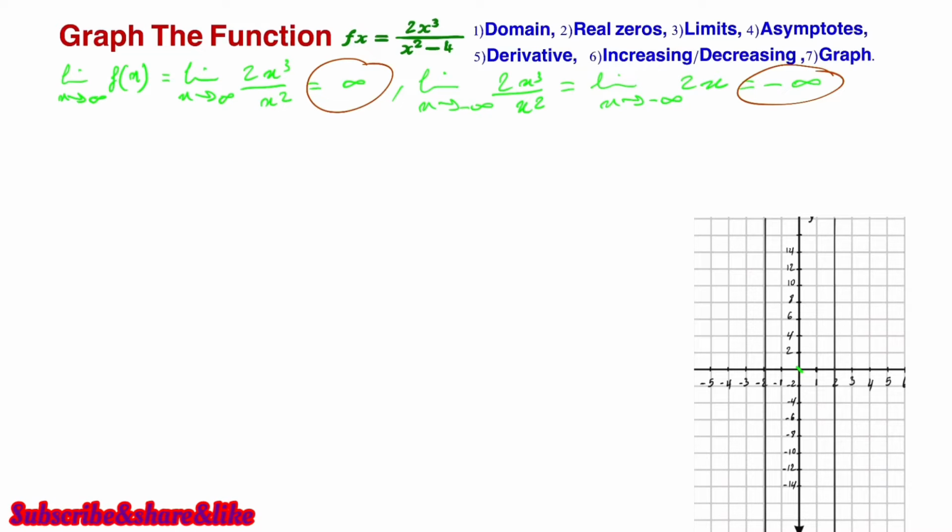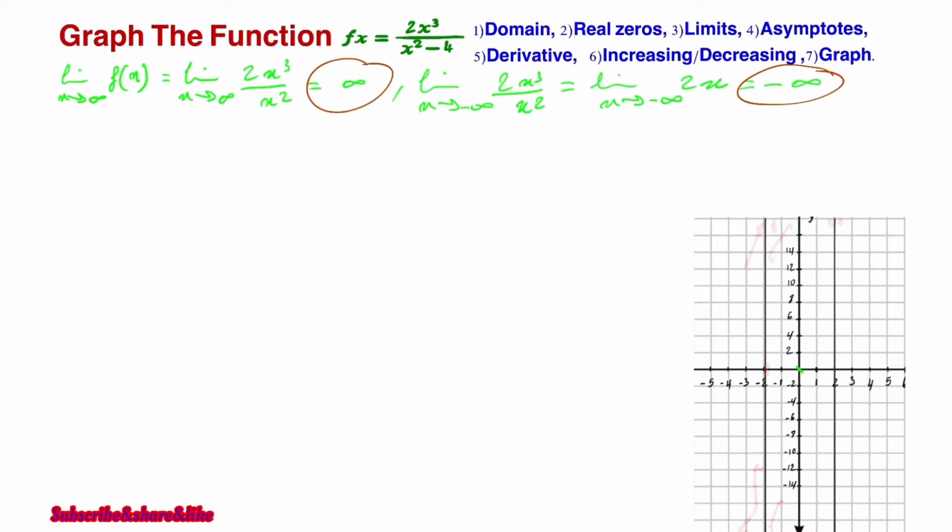Now we're going to do the limits where the function is undefined: at 2, on the right and on the left, and at negative 2, on the right and on the left. We see where the function is going. It's like this or like this, like this or like this. We have to find that.